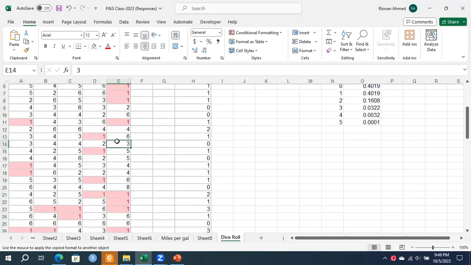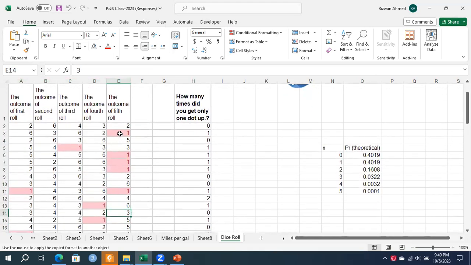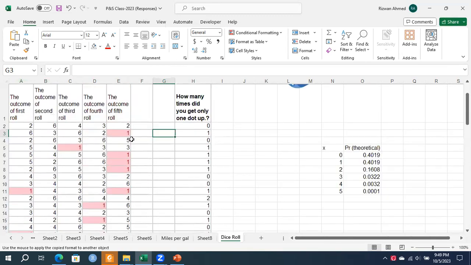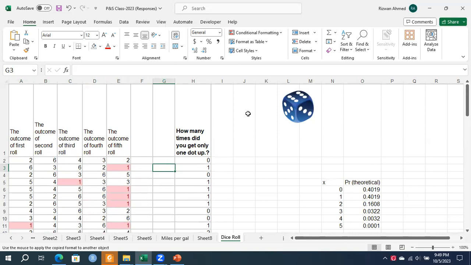So let's see whether the responses are correct or not. Okay, 1 is to 1. Seems to be fine. And our possible outcome should be random: 2, 6, 4, 3, 2, 6, 3, 6, 2, 1. Okay, 2, 6, 3, 6, 5. Okay, seems to be a fair set of experiments performed by my students in class.